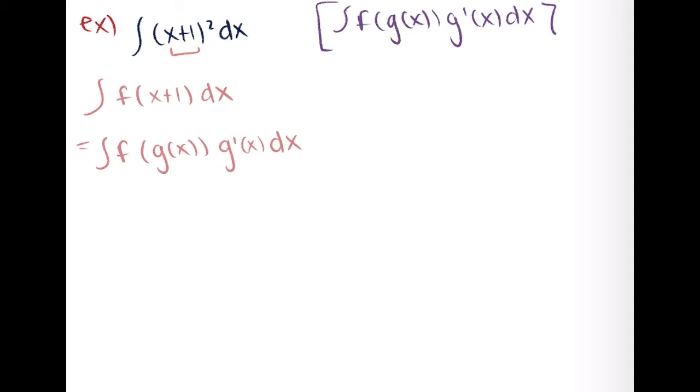So let's move on to the U-substitution. So u is equal to x plus 1. And the derivative of u with respect to x is just equal to 1. Okay? So we're going to take f of, and notice that f of u is going to be u squared.